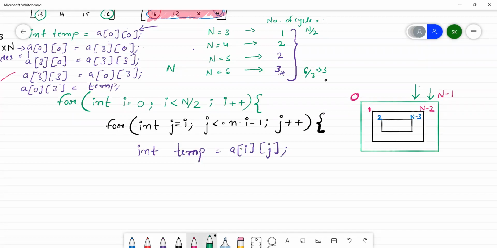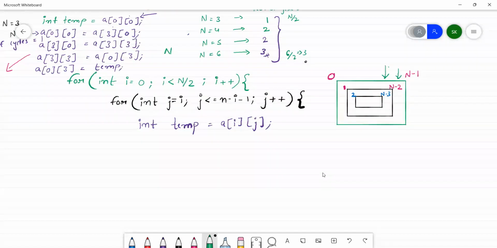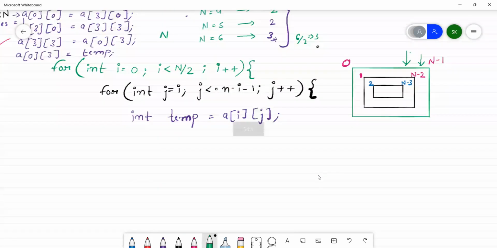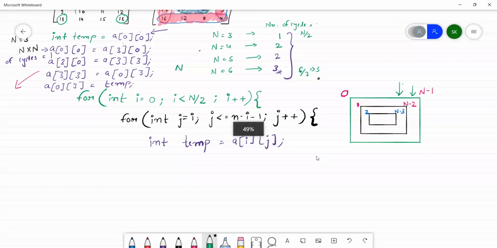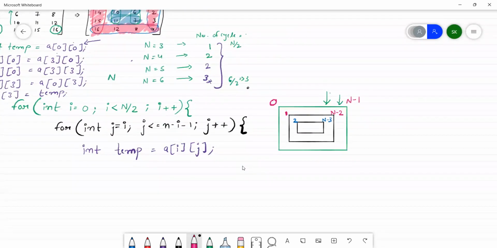Ma'am, I have one small doubt here. I have tried this example and it works with n minus I minus 1. How do you come to this conclusion that n minus I minus 1? Okay, see, once you complete your entire cycle, you are leaving one column behind, right?